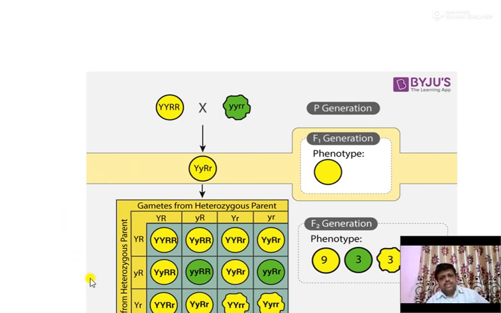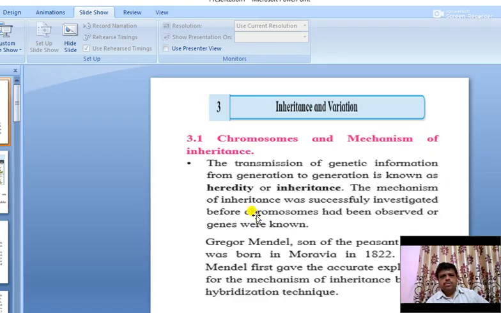In this way, the phenotypic ratio is 9:3:3:1, while the genotypic ratio of the dihybrid cross of Mendel is 1:2:2:4:1:2:1:2:1. Total 16 combinations are there in the F2 generation of the dihybrid cross of Mendel.